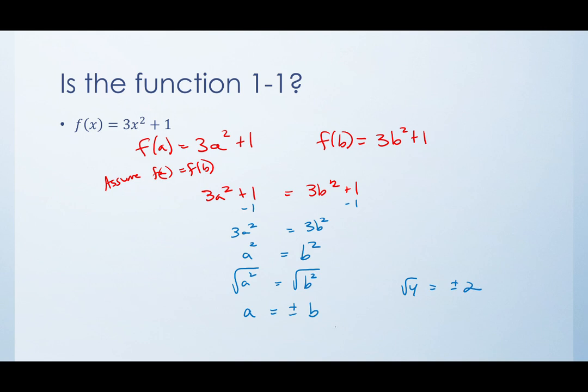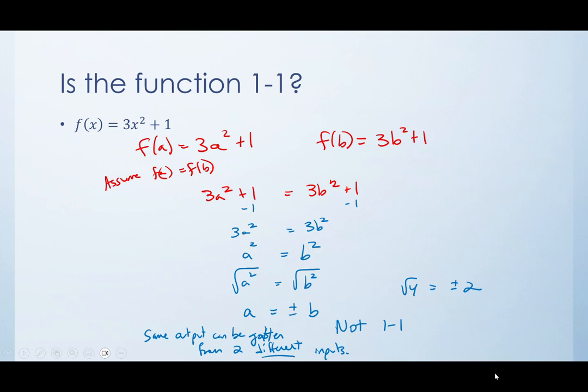It is not one-to-one. So let's put it this way: the same output can be gotten from two different inputs. So that means it is not one-to-one.